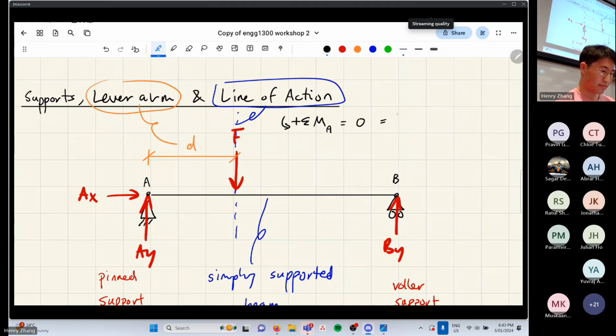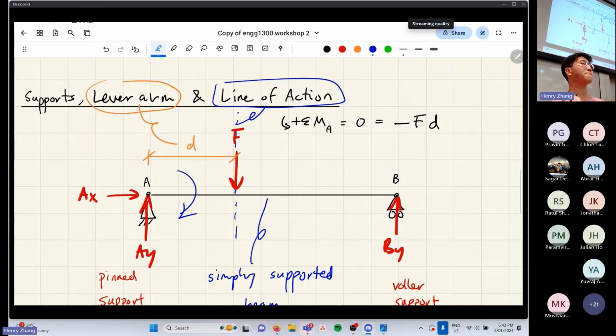All right. I purposely left myself some space here because our moment is our force times our lever arm, right? For this external force. However, it's actually going to be negative. The reason it's negative is because we're thinking about the spin that this force is causing to point A, and it's actually clockwise.